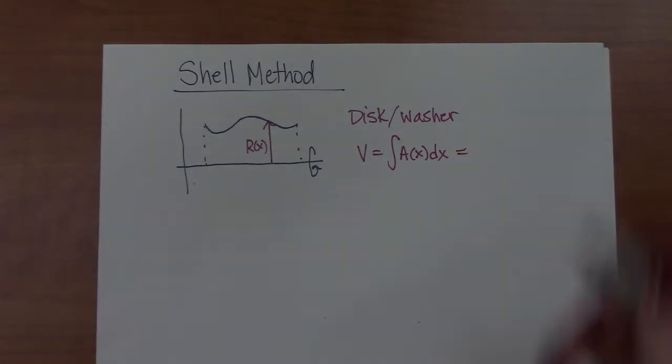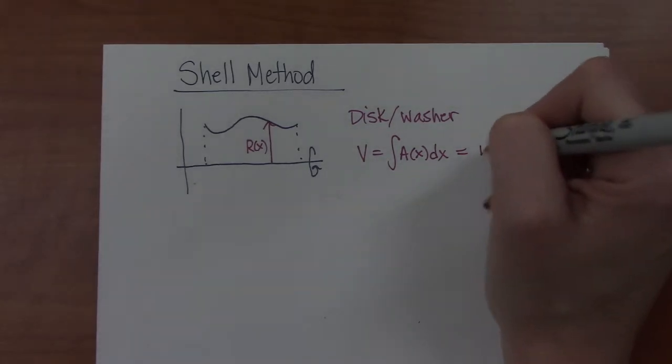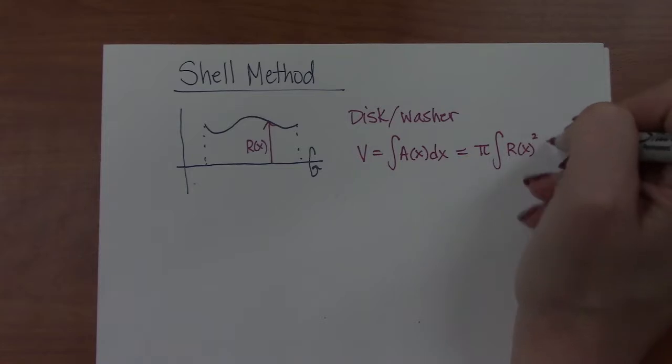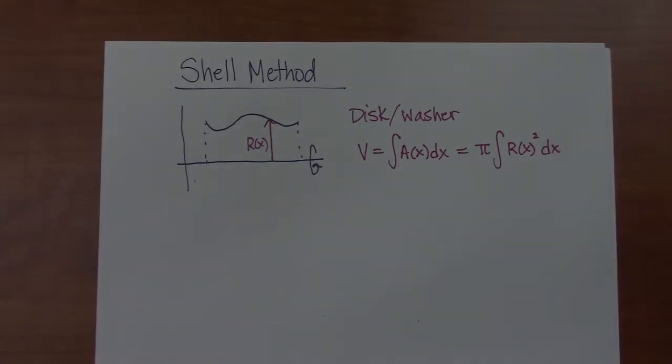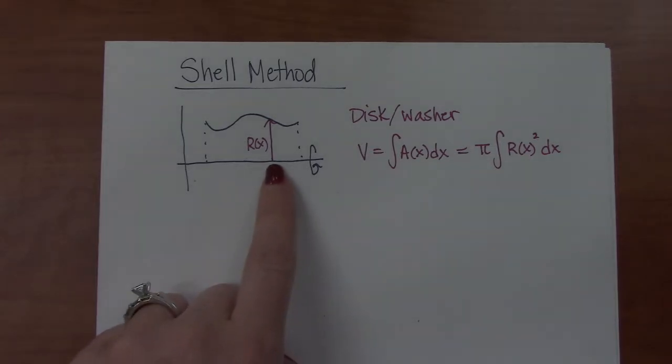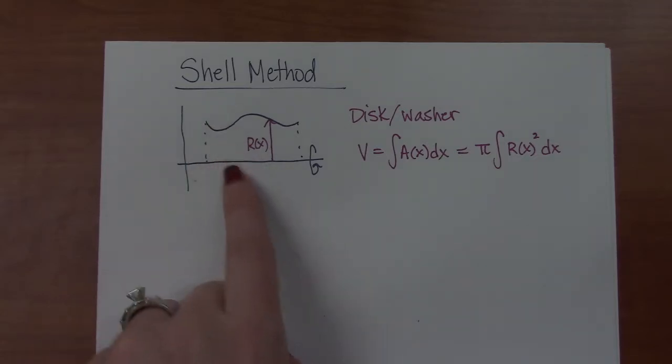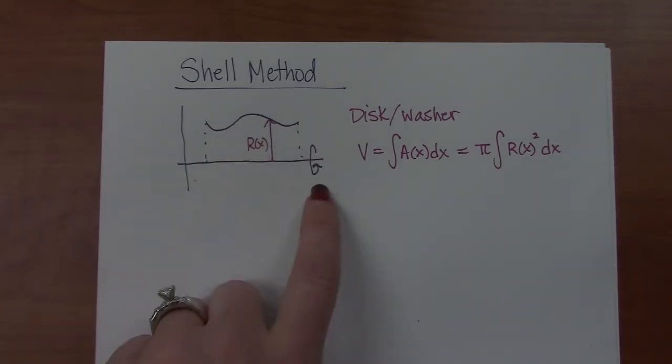Since all of your cross sections are circles, the formula is pi r squared dx. You're just taking the area of the circle, and what's going to vary is the radius, because you can see here, if we drag this line from left to right, the radius gets taller or smaller depending on where we are on the function.